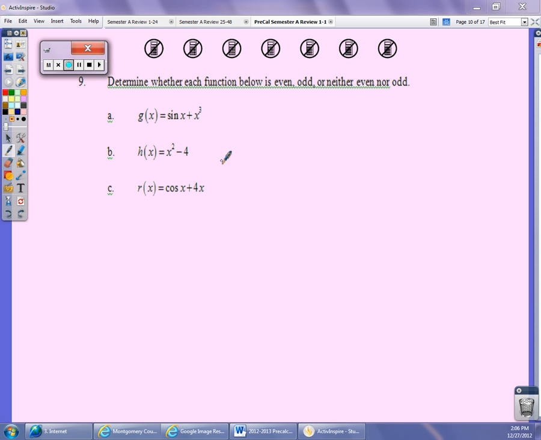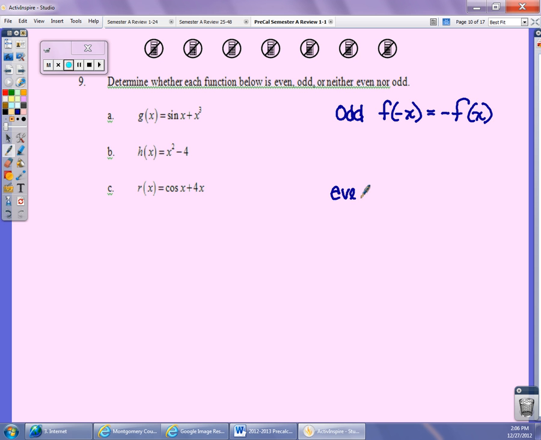Now in number 9, we're moving on to looking at an actual equation for a function and trying to decide if it's even, odd, or neither. Now remember what we said about odd functions. An odd function, f of negative x, is the same as negative f of x.